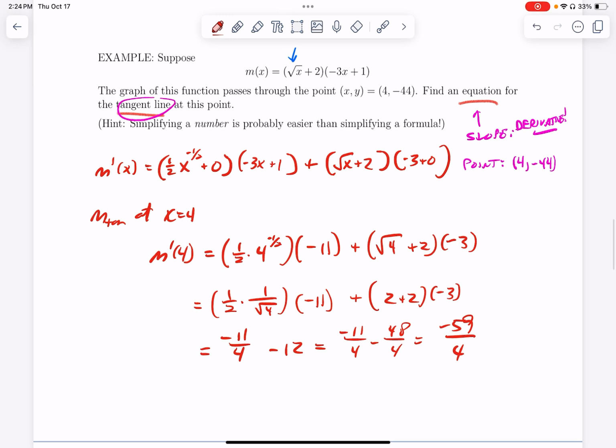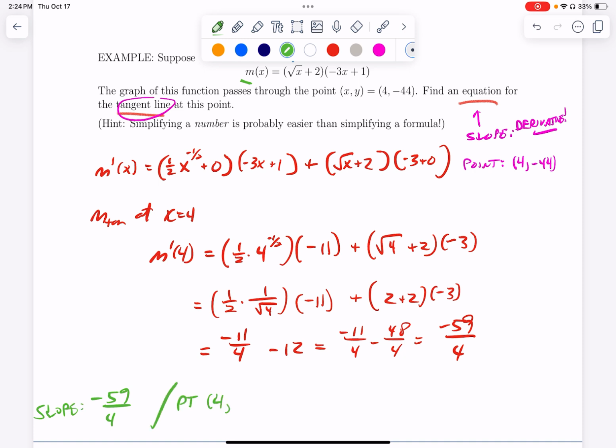So what we've learned here is that our slope is negative 59 over 4. Right? It's just a coincidence that m for slope and m for this problem are the same. Maybe I'll just write slope colon. My point is at 4 comma negative 44.